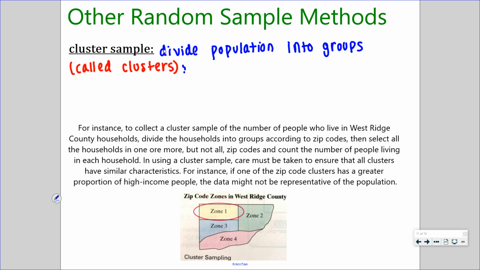Here's the difference though. Instead of randomly selecting people out of each cluster, we randomly select a cluster. So then we'll randomly select maybe 1, maybe 2 of the clusters, and everybody in that cluster is sampled.